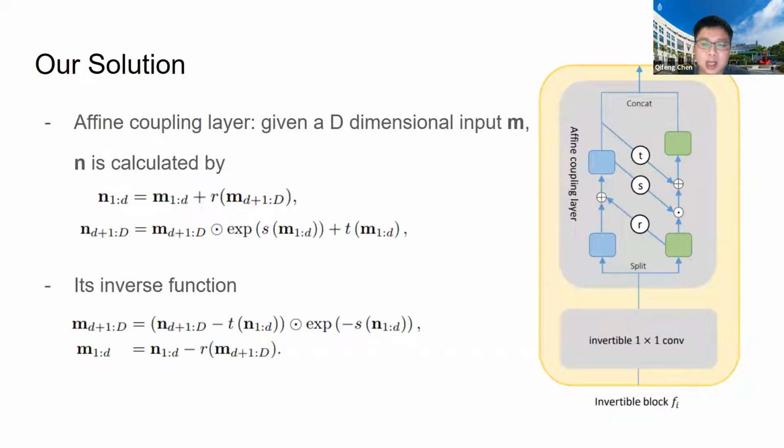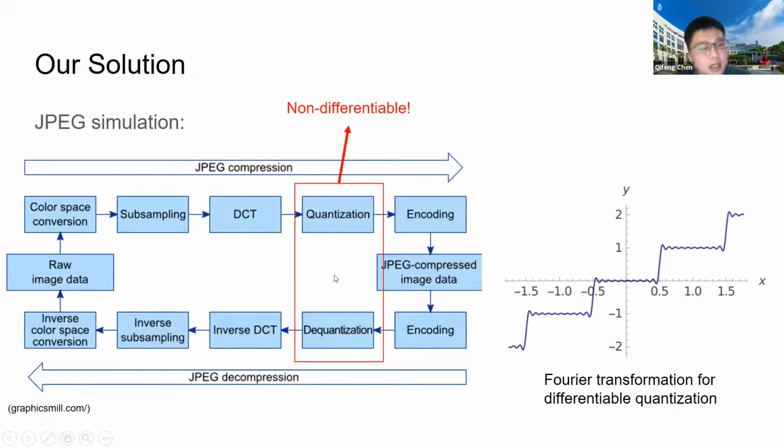The affine coupling layer would have such a formulation. I would simply skip this part. We also look into how we can simulate the JPEG compression step.